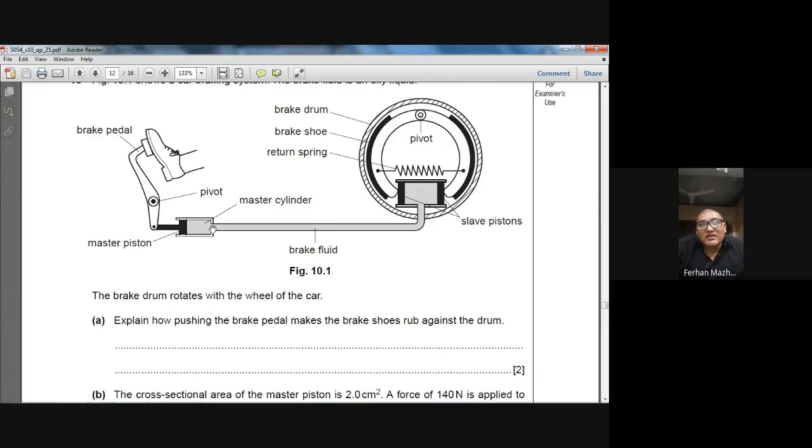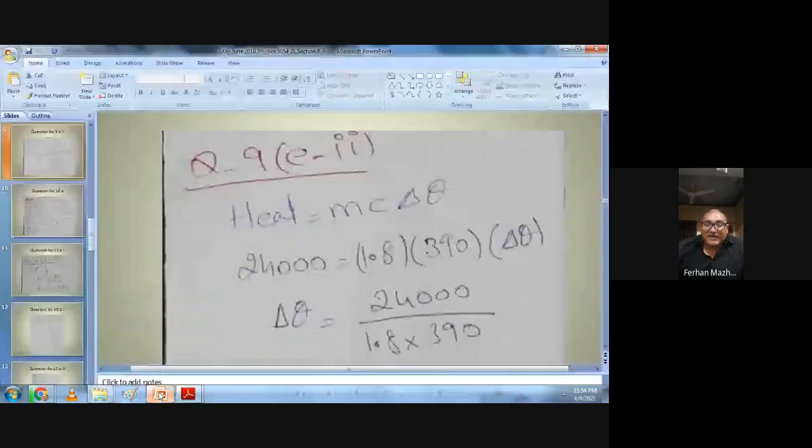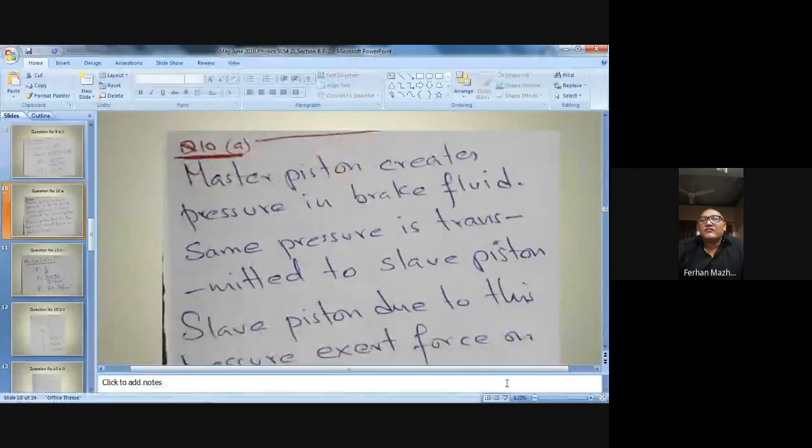The oil transmits the pressure, and the same pressure is created in the slave pistons, and the slave pistons apply force on the brake shoes, and they rub against the brake drums, and this is how the brakes are applied.